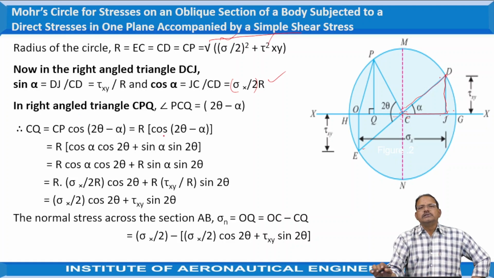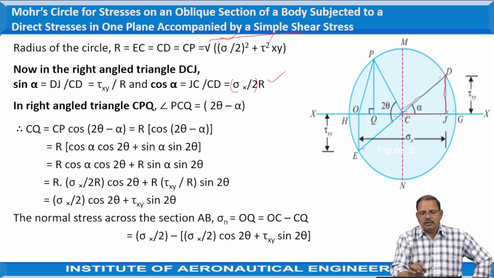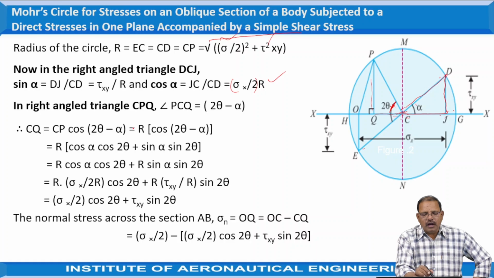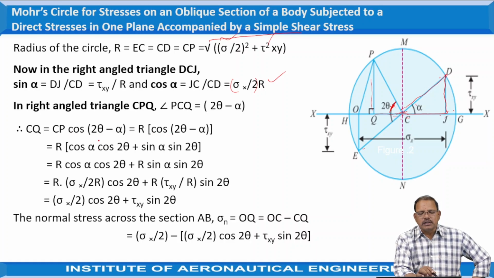Now in right angle triangle CPQ, C, P and Q, CQ we can take as CP into cos of (2 theta minus alpha), because the remaining angle is 2 theta minus alpha, and CP is equal to the radius of the circle R. So R into cos (2 theta minus alpha).